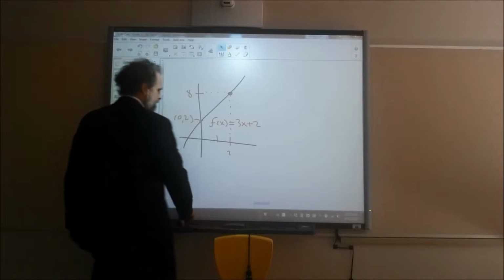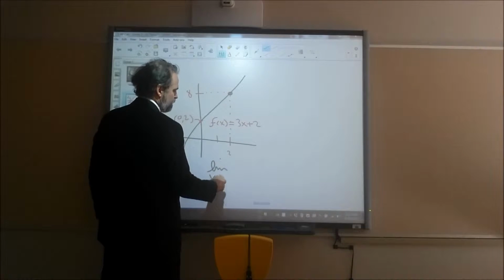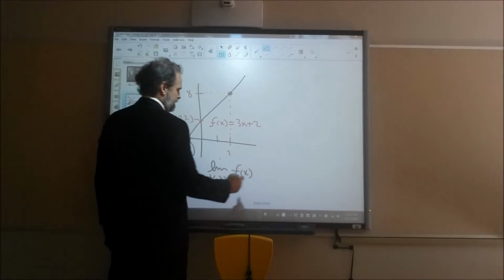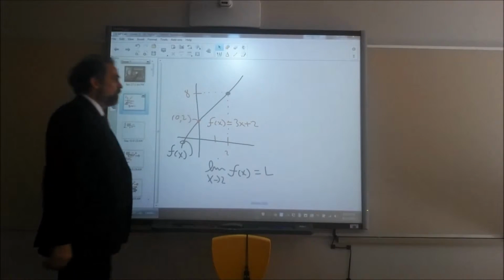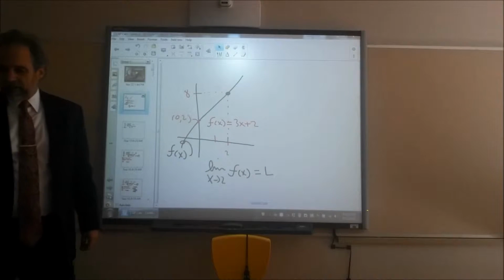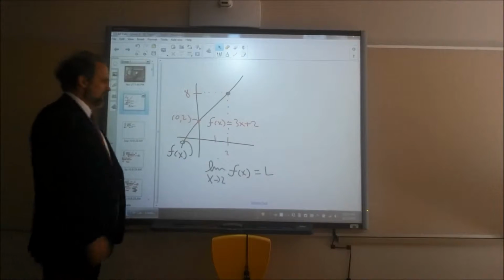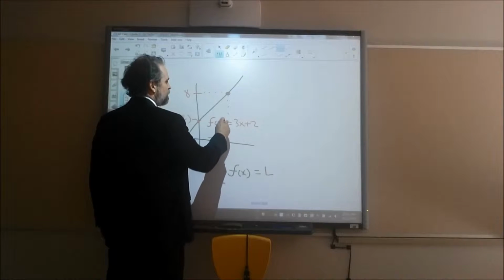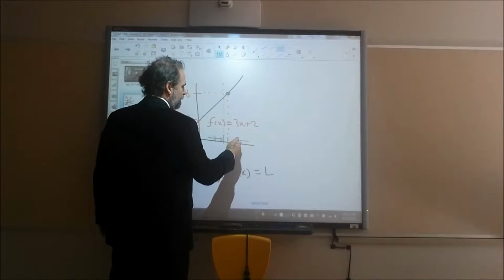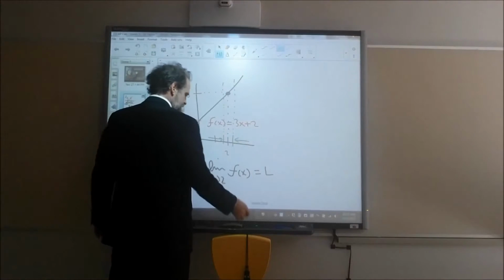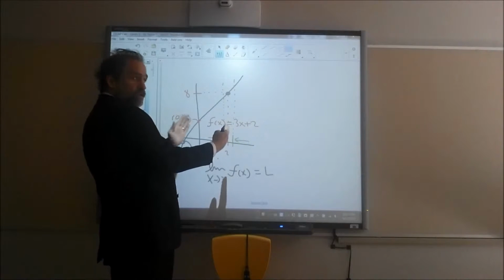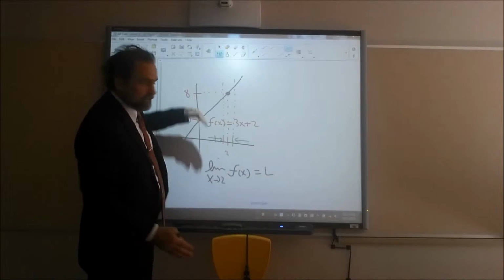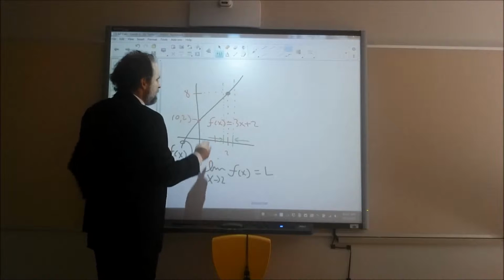So if I'm testing the limit as x approaches 2 of f of x, and this line is f of x, what I'm saying, in a sense, is that as I get closer and closer to 2, if I project that up, coming from the left or the right, what will automatically happen, if the limit exists, is I will get closer and closer to the limit as my output.